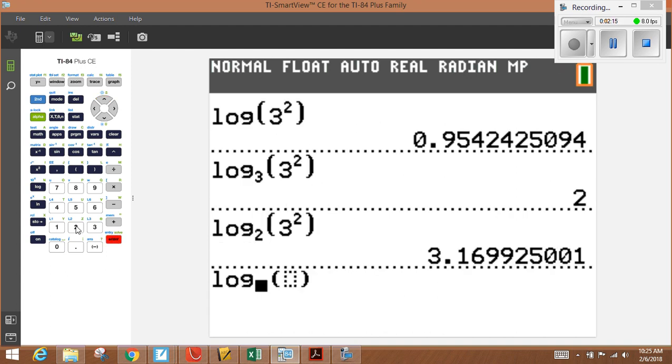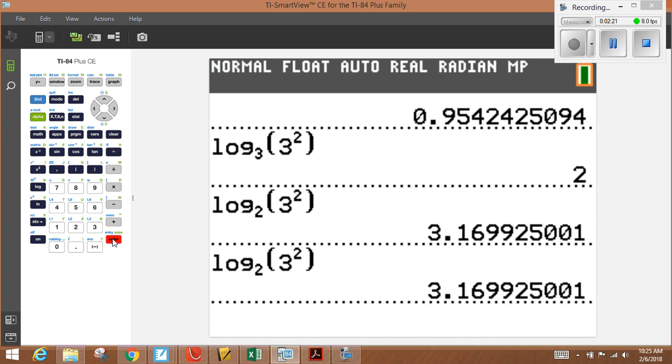So then I would put a 2 and put my 3 squared. So that's a quick way to calculate logarithms if you have the correct calculator. All right, okay, moving right along.